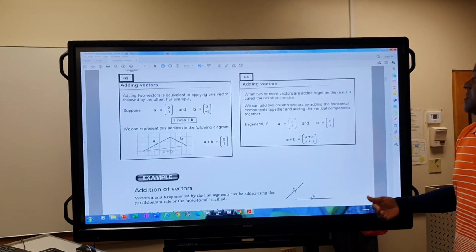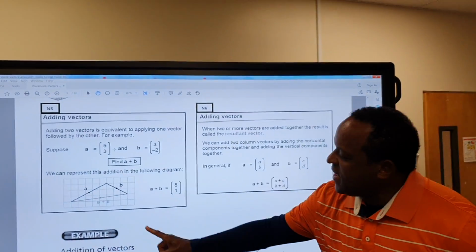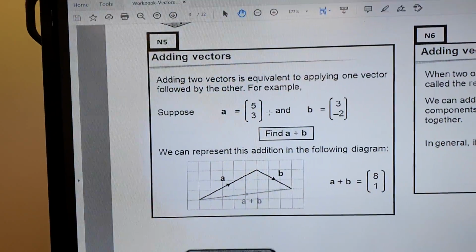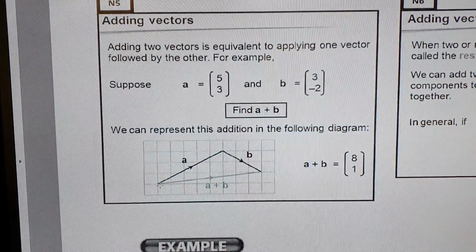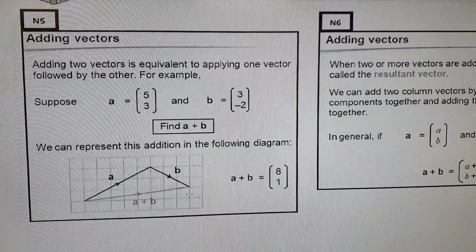When two or more vectors are added together, the result is called the resultant vector. And this AB, attached from the tail of A to the head of B, is the resultant vector.